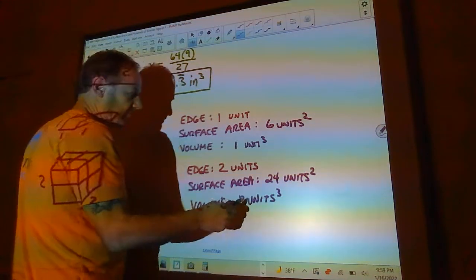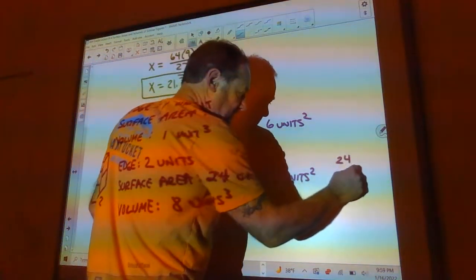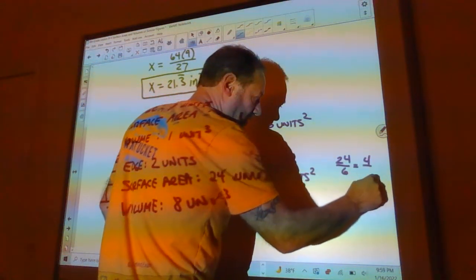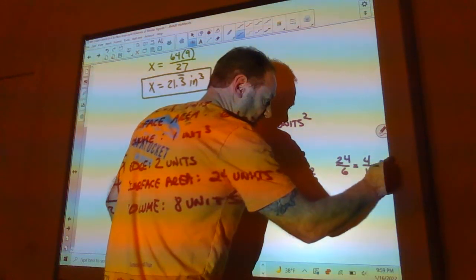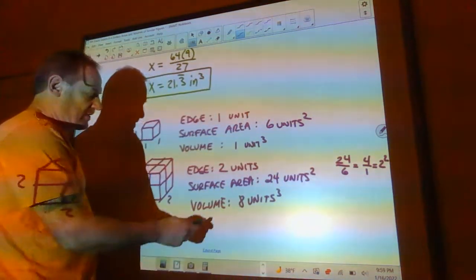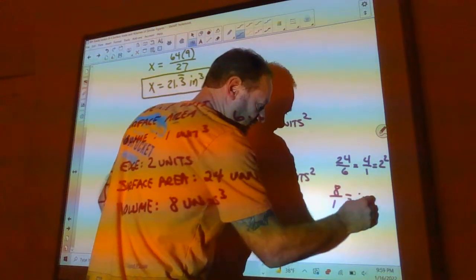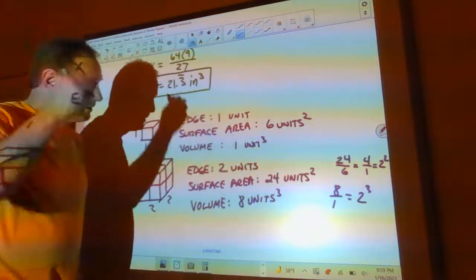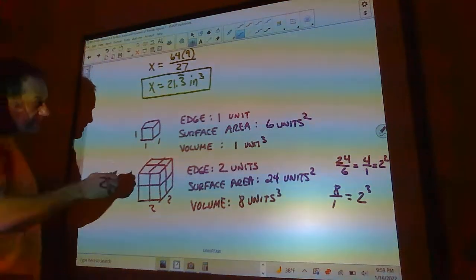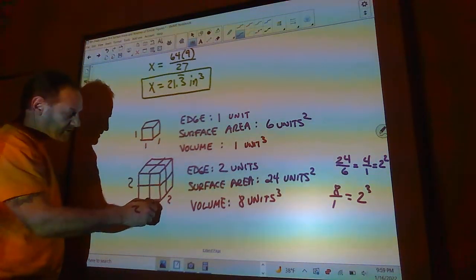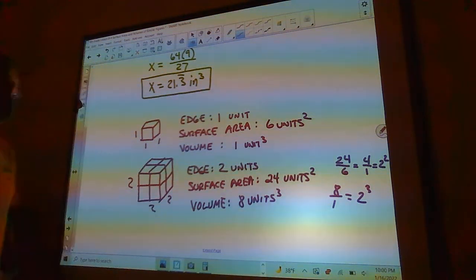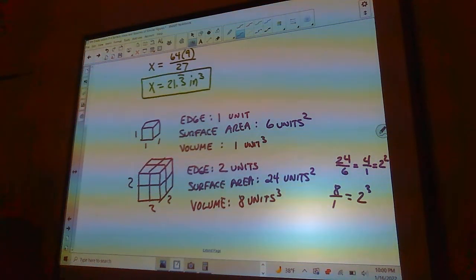The surface area is 24 to 6, which is now 4 to 1, which just happens to be 2 squared, right? And then the volume is 8 to 1, which just happens to be 2 cubed. And that's because it got twice as big, twice as high, and twice as long.